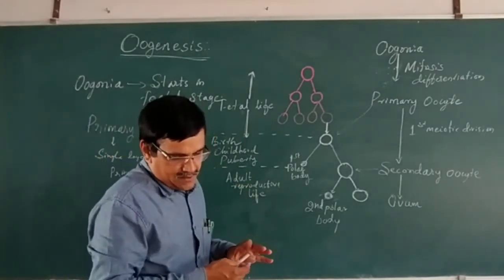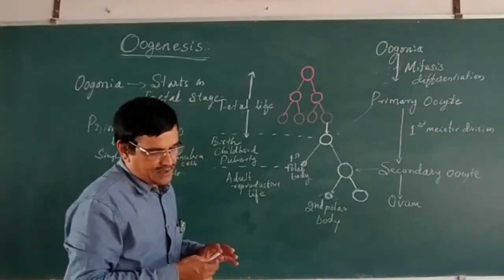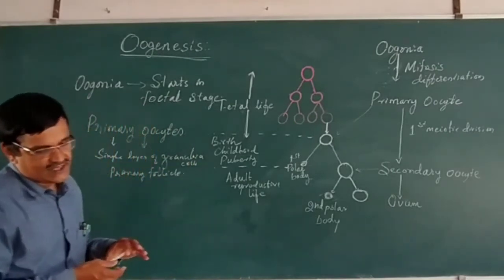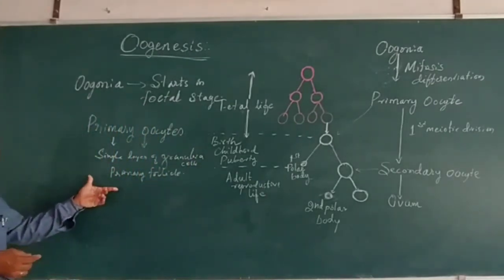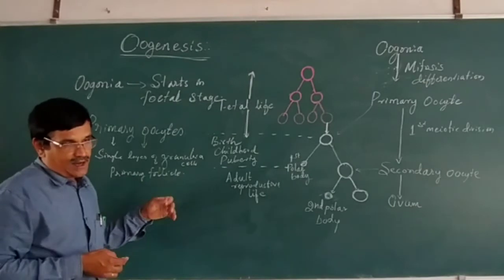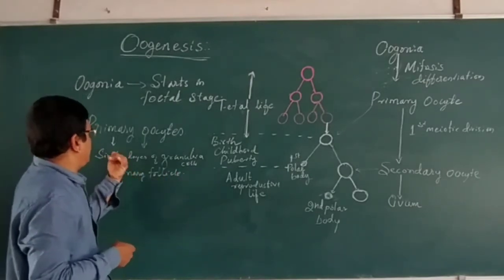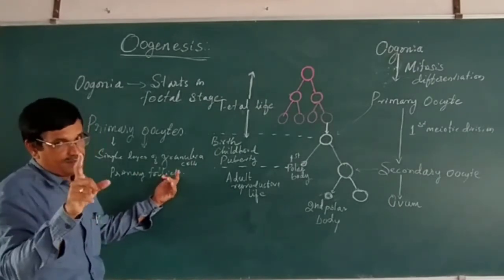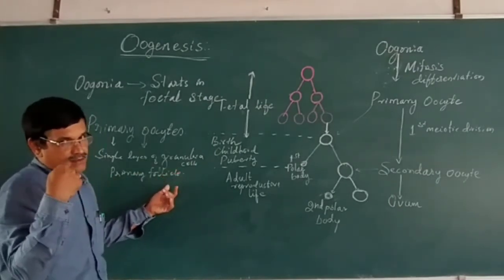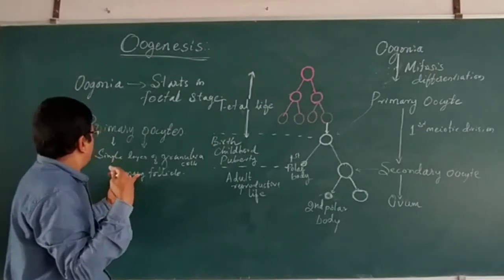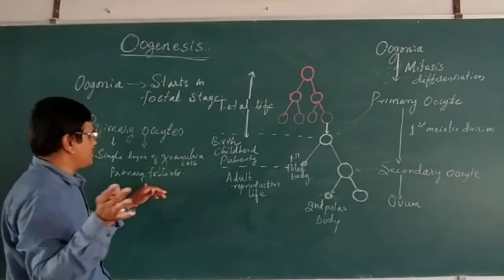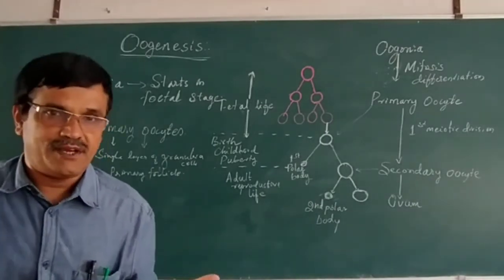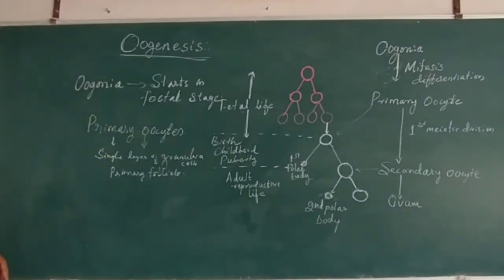Okay. Then a large number of primary follicles degenerate during the phase from birth to puberty. A large number of such primary follicles will be formed in the ovary. However, all these primary follicles cannot mature and release the ovum.